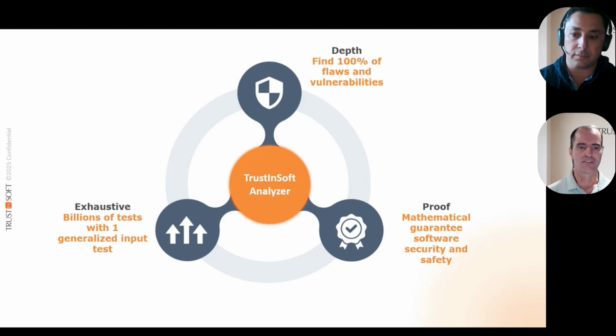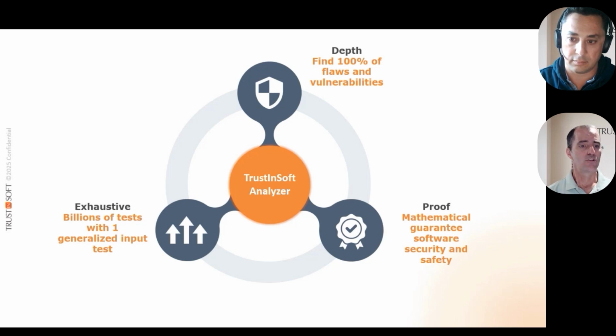And I like the fact that you mentioned earlier, Roland, the exhaustive testing, because that does significantly save a lot of time and effort for customers using TrustInSoft Analyzer, where you're able with generalization to evaluate billions of test results. And then from a depth perspective, Roland went through a little bit of that tree view of making sure that we evaluate every single possible code path in your respective code base.